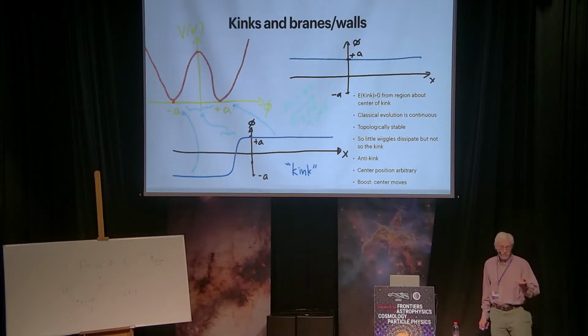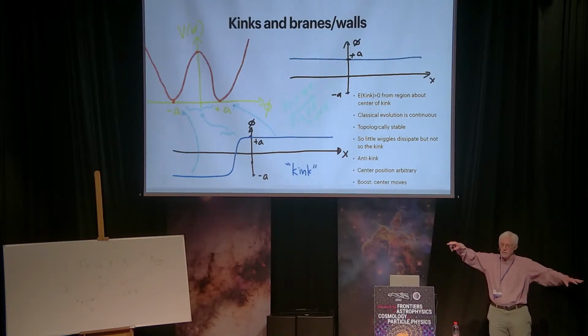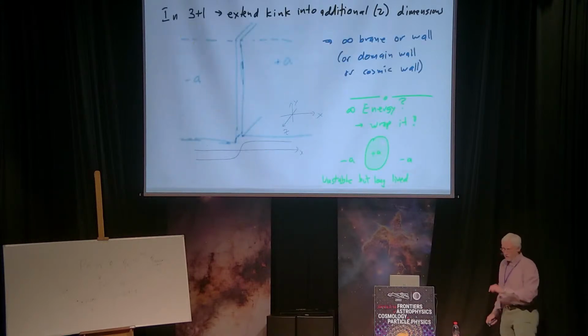And that lump of energy can move. It has a center. It looks really like a particle. And it's topologically stable, as I said. So you can put little wiggles on this solution and wait enough time, and they're going to dissipate. But the step doesn't. Why do you care about this?